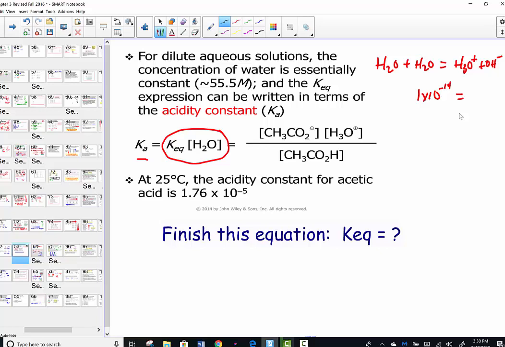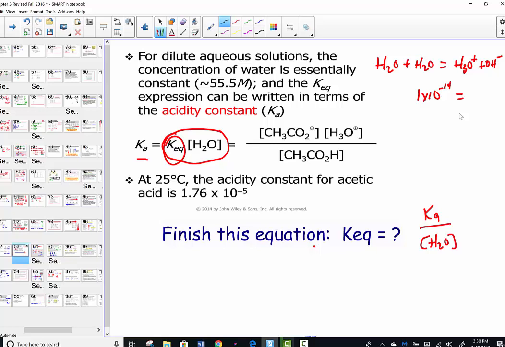So Keq times water is our definition of Ka. So again, Keq is equal to, if I want to isolate the equilibrium constant, Ka over the molar concentration of water, which has been determined to be about 55.5 molar.